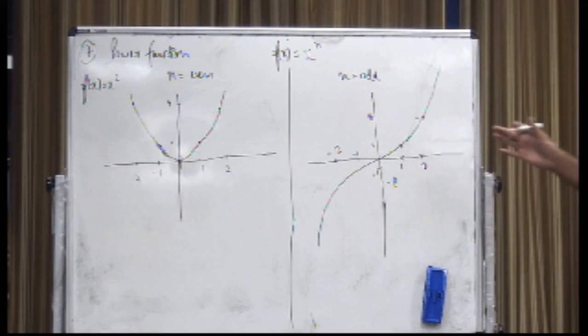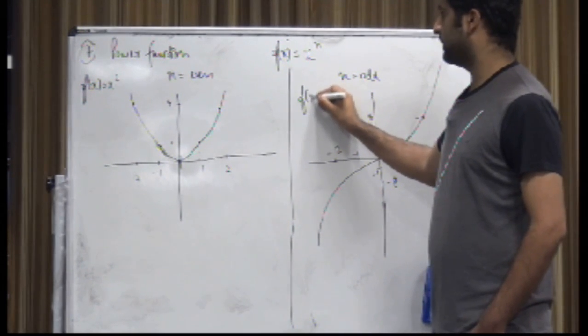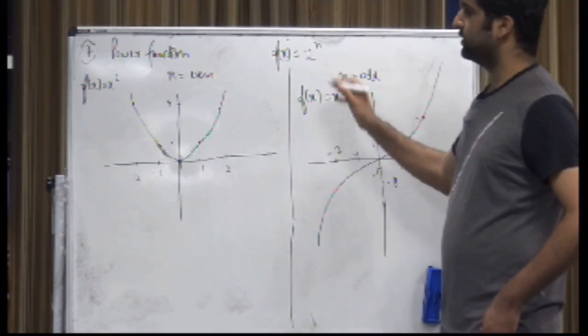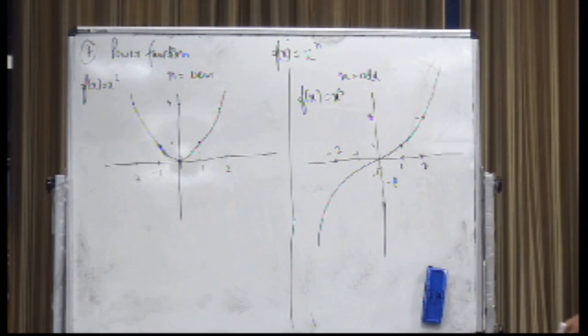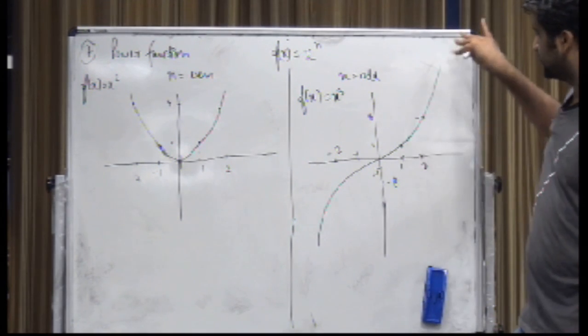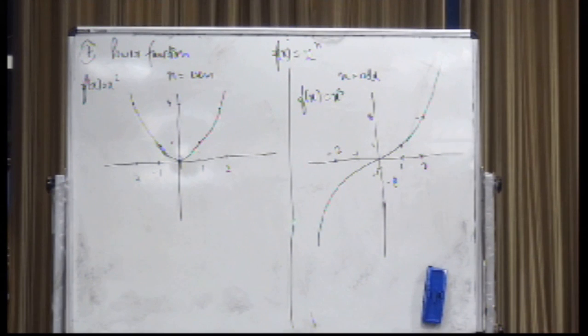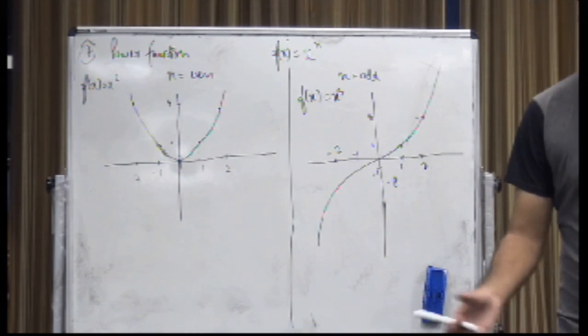So that is the difference between x square and x cube, right? So this one is f(x) equal to x cube, and that one was f(x) equal to x square. For all the even powers, the graph is always U-shaped. For all the odd powers, it always goes like this, a smooth curve. Okay? Just make these, and then we'll combine these two graphs.